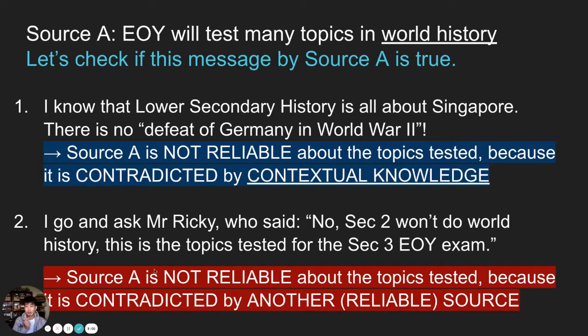Now you know source A is not reliable, again, about the topics tested, because it is contradicted, challenged by another reliable source, Mr. Ricky. And that's how we know whether or not source A is reliable. Two methods. Cross-reference to contextual knowledge, cross-reference to another reliable source.